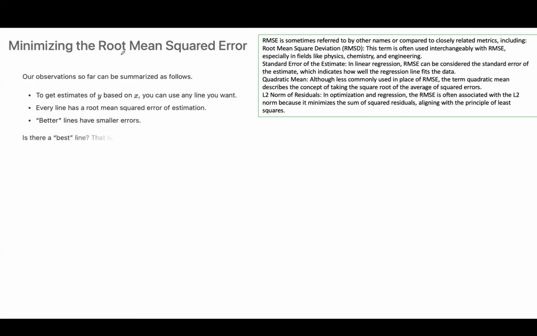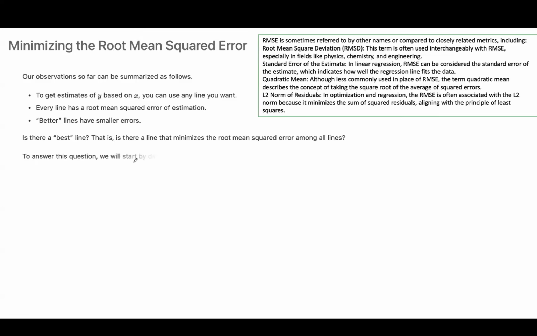So basically we get a smaller root mean squared error. But is there a best line? What is that line? How can we define the best regression line? This is basically the line that has the minimum root mean squared error.